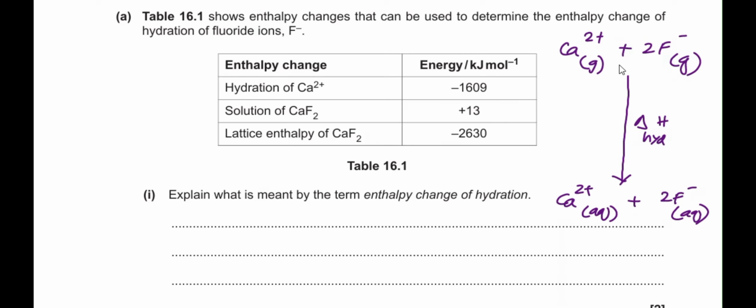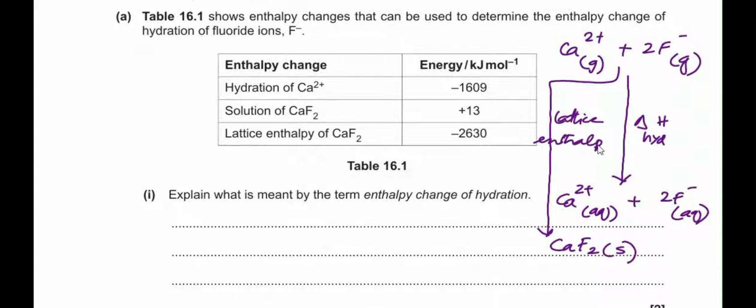Now consider these gaseous ions becoming a lattice, that is calcium fluoride solid lattice. This is called enthalpy of lattice, or let's say lattice enthalpy. Now consider this calcium fluoride lattice dissolving in water to form an infinitely dilute solution containing calcium and fluoride ions. That's called delta H solution of calcium fluoride.